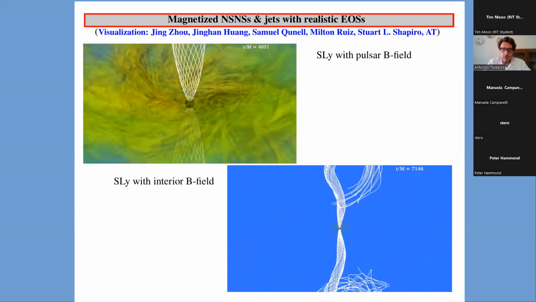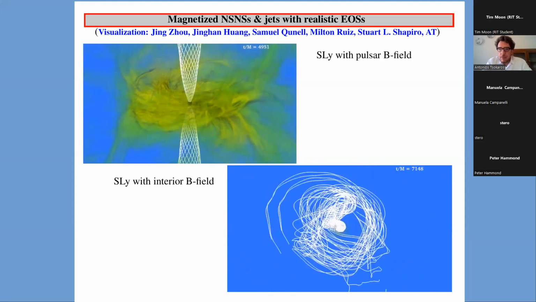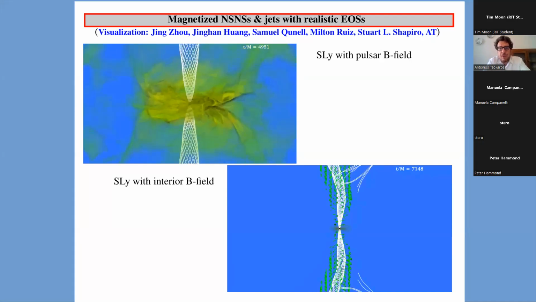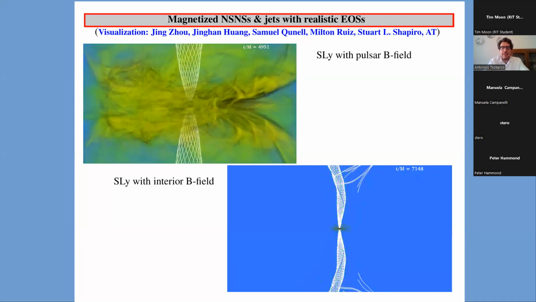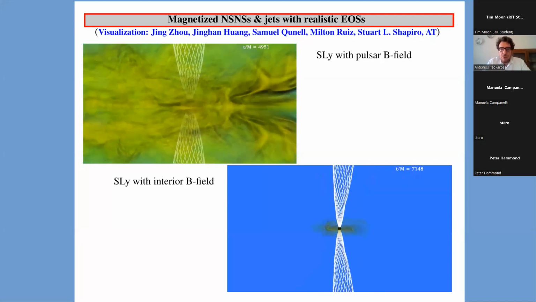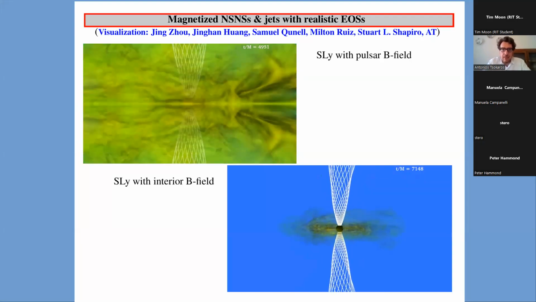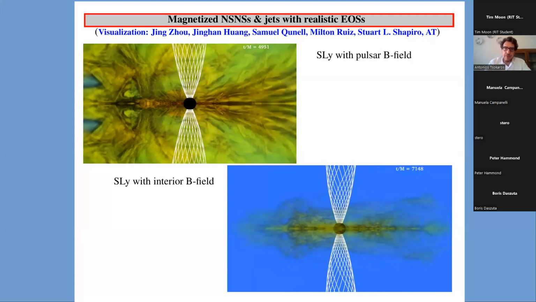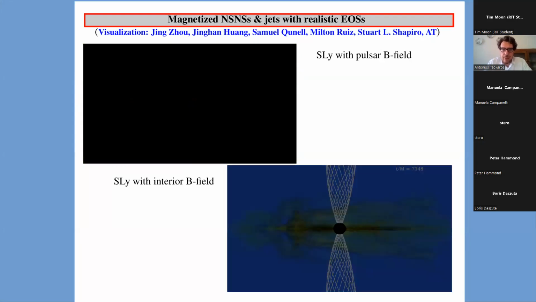Similarly, the same for the bottom case, where we had only the interior field, and these are the velocities of the outflow. So both of them end up pretty much at the same state, although on a much different time scale. And this is a zoom-in version of the material around the disk.